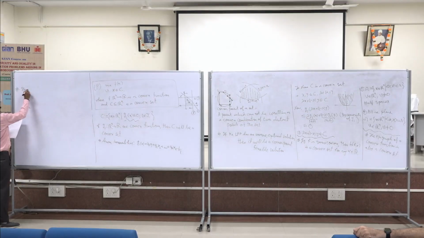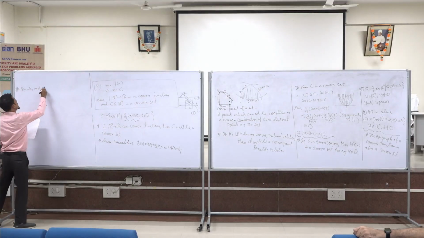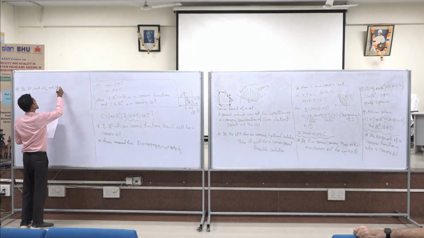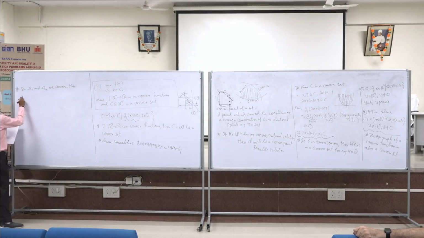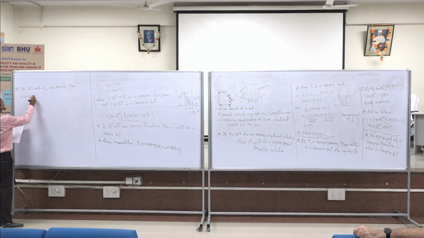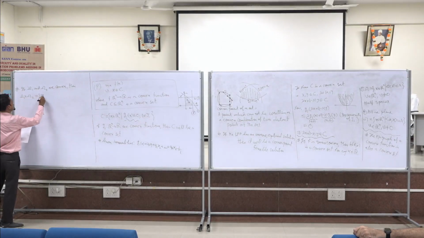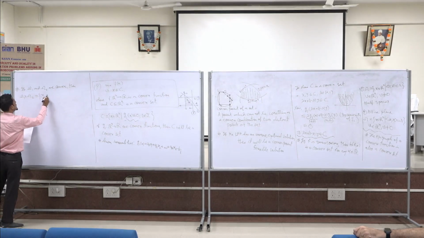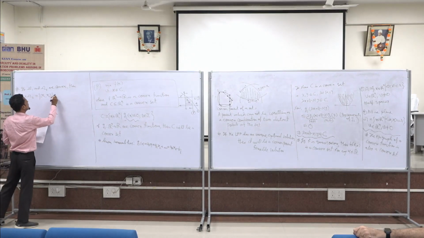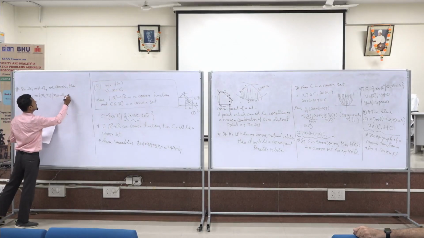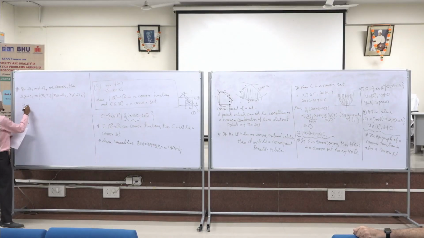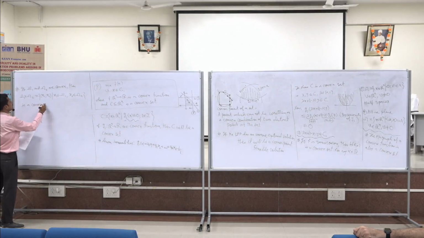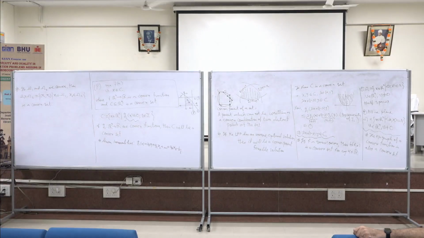So if omega 1 and omega 2 are convex, then this Cartesian product, which is defined as (x1, x2) such that x1 is in omega 1 and x2 is in omega 2, is a convex set, right?